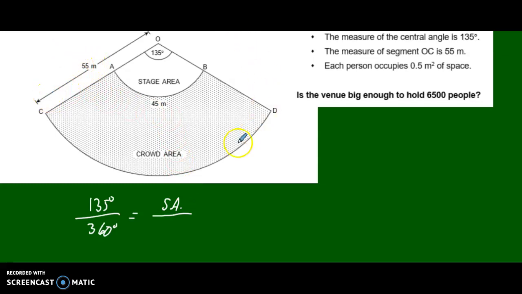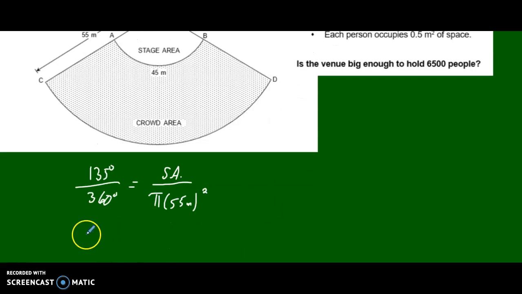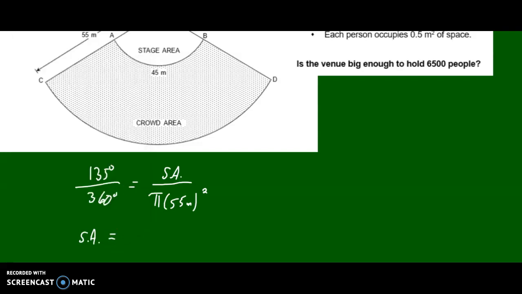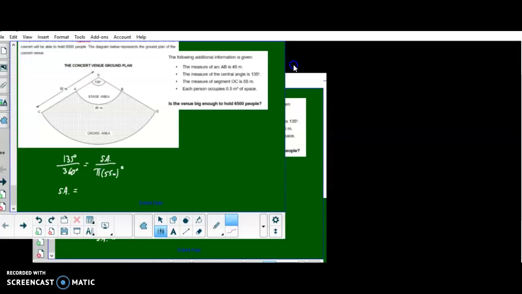So for that big circle, it's going to be pi times 55 meters squared. So the sector area is going to be 55 squared times pi times 135.